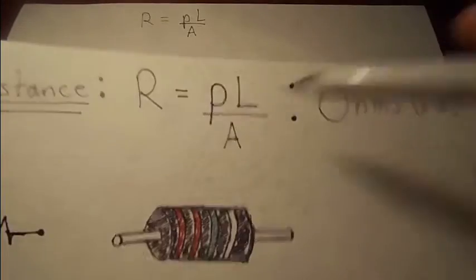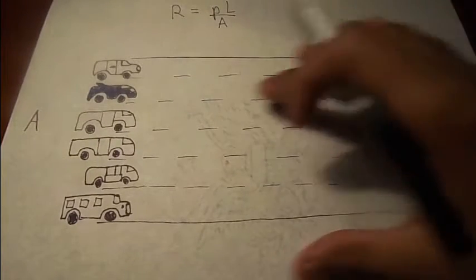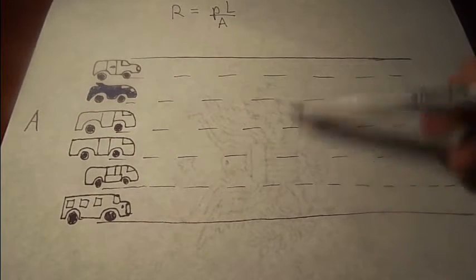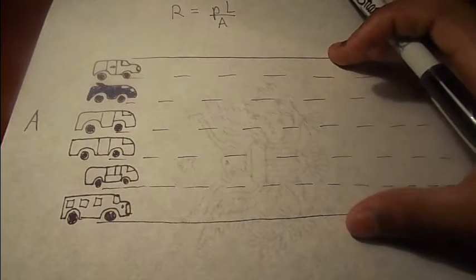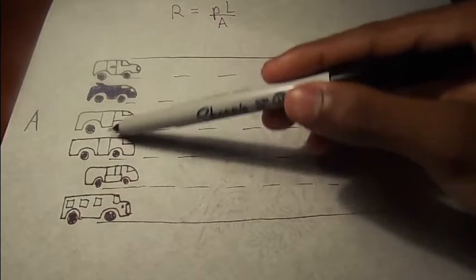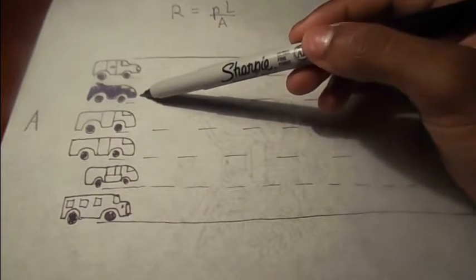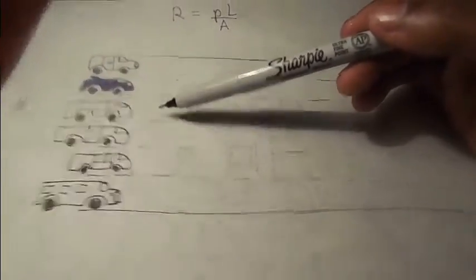Now let's go into more depth with this equation here. So let's say for this example, you're on a highway and there are multiple lanes. This highway represents our resistor, and the traffic here represents the current. And let's say you're in this blue car here. Let's just manipulate some things.